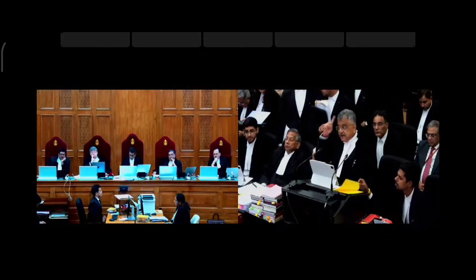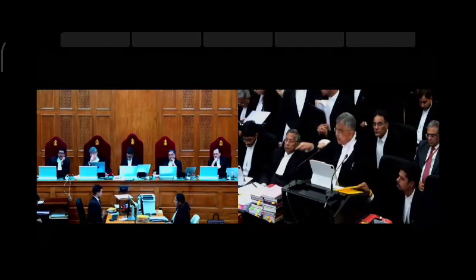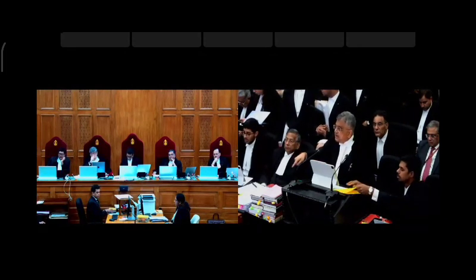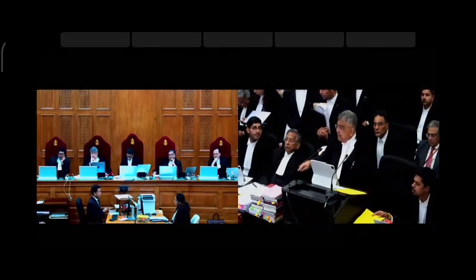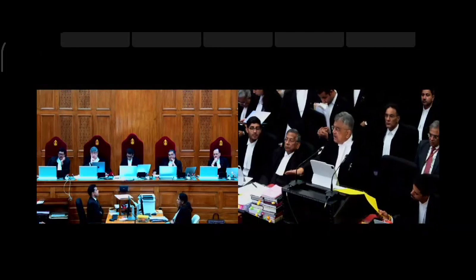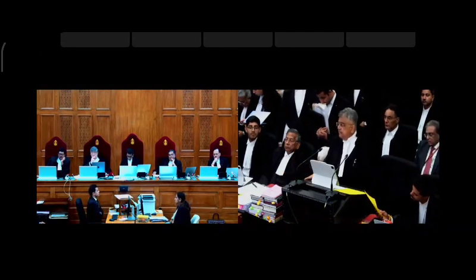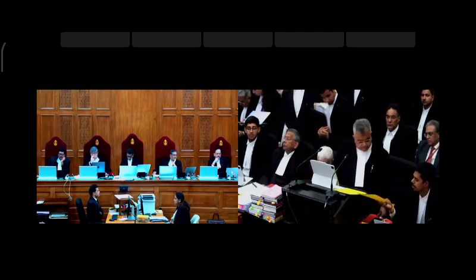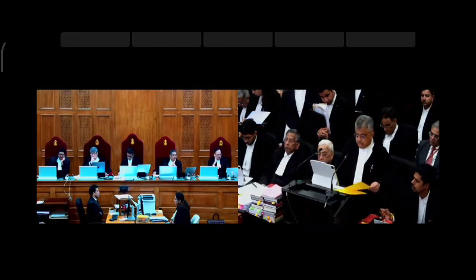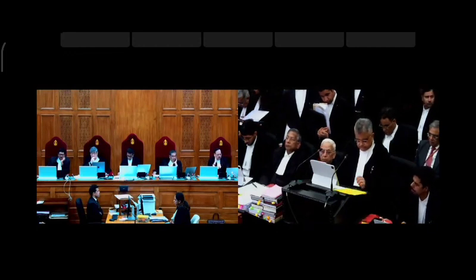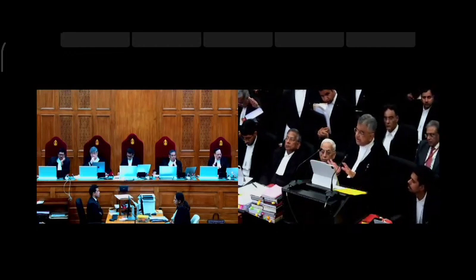This affects the entire nation and therefore includes representatives of Jammu and Kashmir. Lok Sabha and Rajya Sabha have representatives of Jammu and Kashmir. My Lord, these are my judgments on 3 and 4.